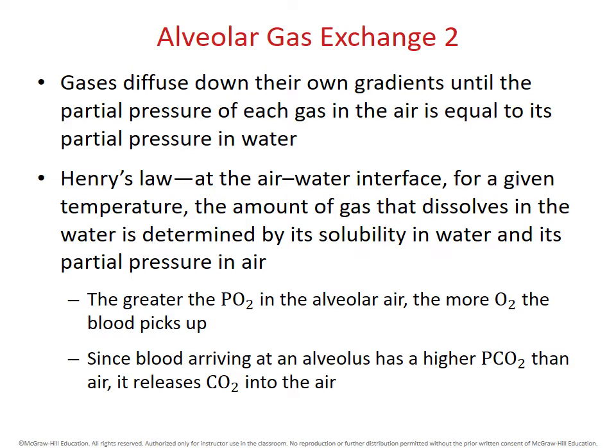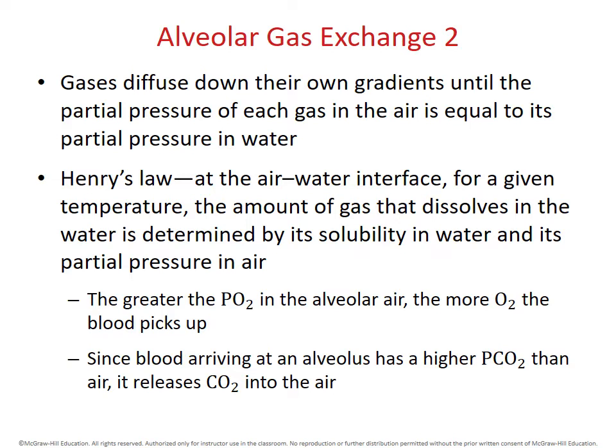But because carbon dioxide is about 100 times more soluble, in reality, a PCO2 of 70 is going to represent a lot more carbon dioxide in solution than a PO2 of 150 represents oxygen in solution. So just something to keep in mind when we're trying to estimate which way gases are going to diffuse. We can only compare partial pressures when we're talking about the same gas, oxygen to oxygen, carbon dioxide to carbon dioxide. Fortunately, that's fine for our purposes.